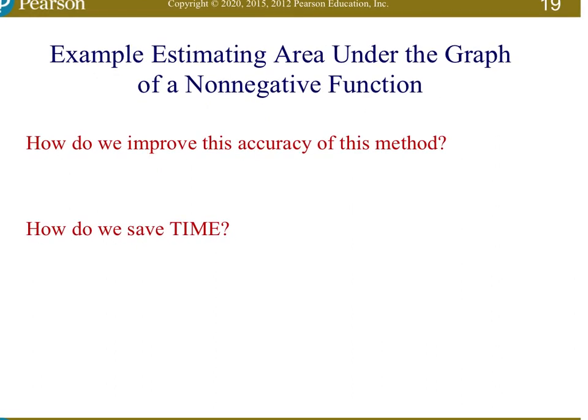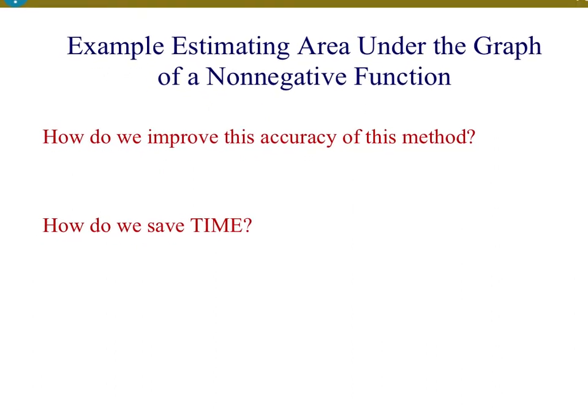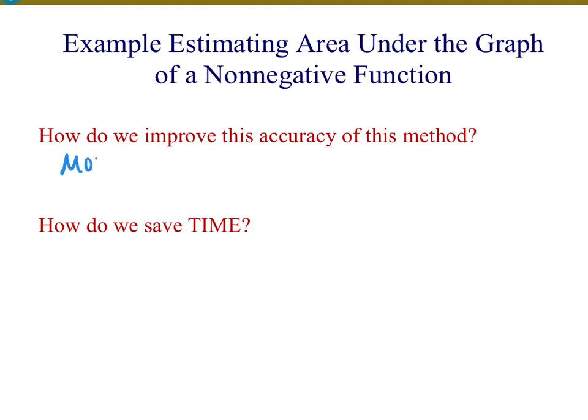So how can we improve the accuracy of this method? More data, first of all, which would allow us to do more rectangles. The more data you have, the more rectangles you have. The more rectangles you have, the greater the accuracy.